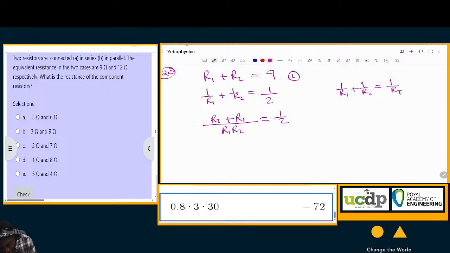If you cross multiply or invert, then you have R1 R2 over R1 plus R2 equals to 2. Just invert. So this becomes our second equation. So now you can solve these two simultaneous equations.